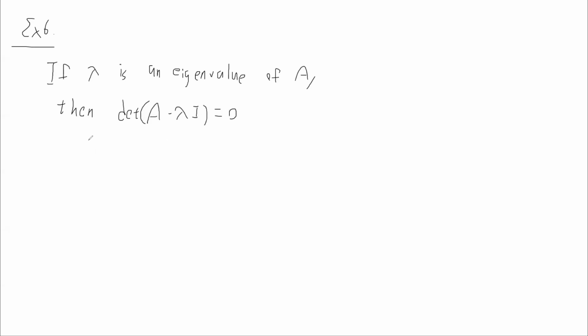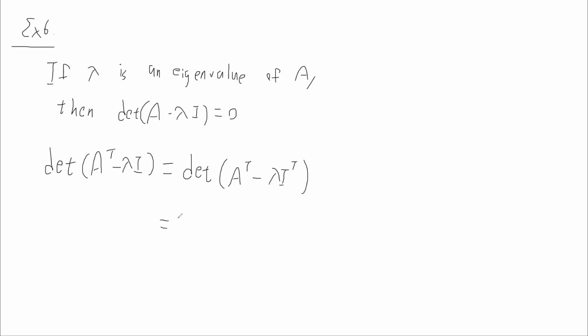So here we are going to start by looking at the determinant of A transpose minus lambda I. That is also equal to the determinant of the transpose of A minus lambda times the transpose of I. Now I is equal to its transpose, so we can do that.